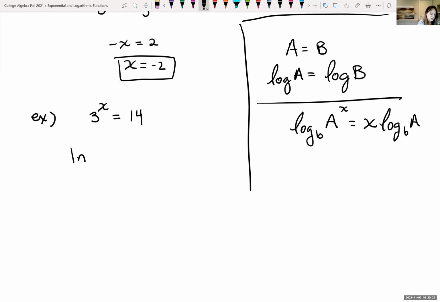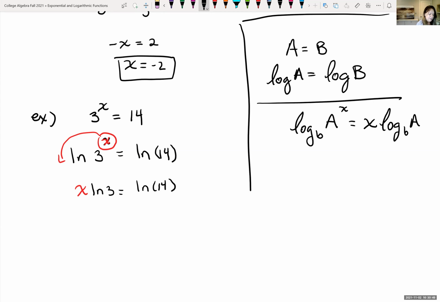I usually use natural log. So we have the natural log of 3 to the x equals the natural log of 14. Rules of logs say that I can bring my exponent down front. So we get x times the natural log of 3 equals the natural log of 14.